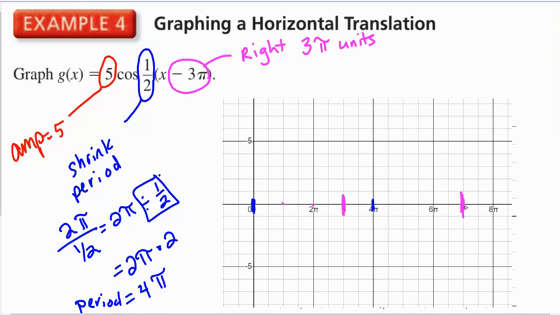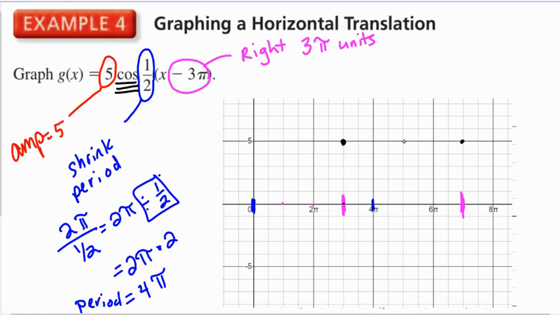Starting here, ending here. You'll notice that this is a cosine function, so it starts high, middle, bottom, middle, high, okay, with an amplitude of 5. So from here, it's going to start 1, 2, 3, 4, 5, and it's going to end at 5.